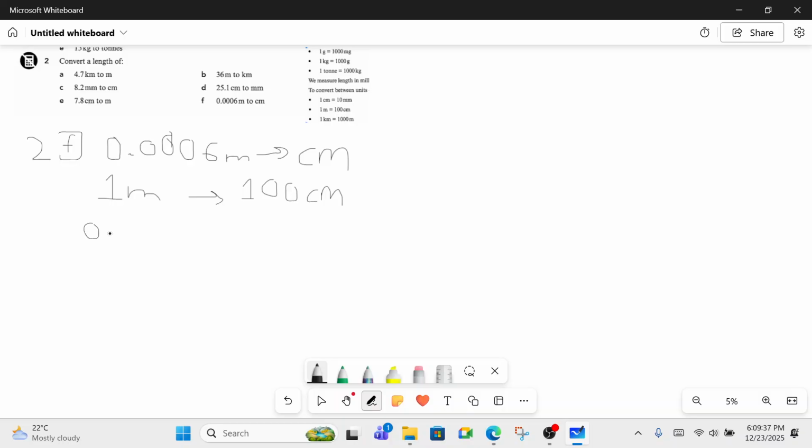So now if we put 0.0006 times 100, that would give us an answer of 0.06 centimeters.